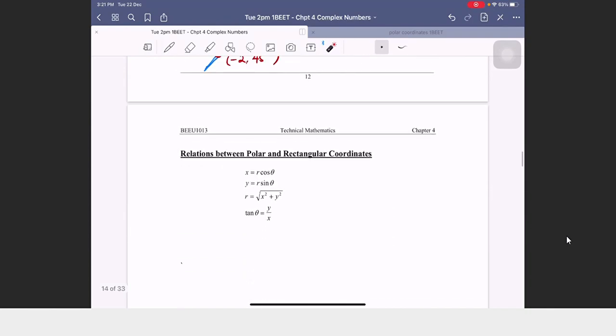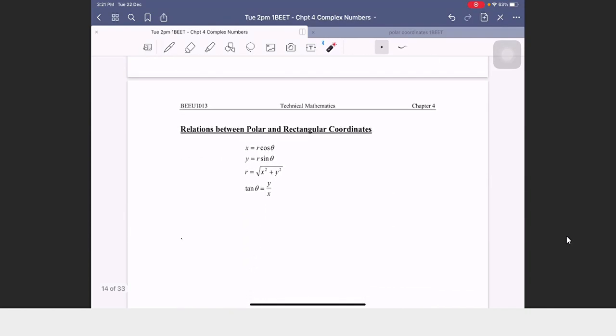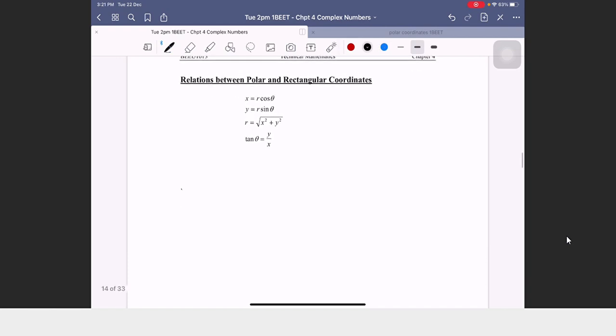Number 2 is that there is a relationship that we can form between polar and rectangular coordinates. This is the important part, and it starts here. How do we find the relationship between polar and rectangular? It comes from the understanding of the rectangular coordinate axis.